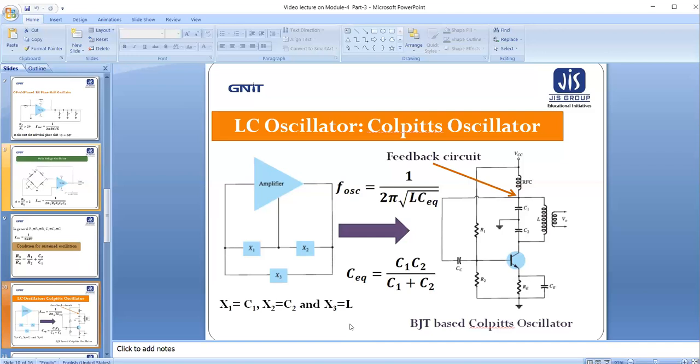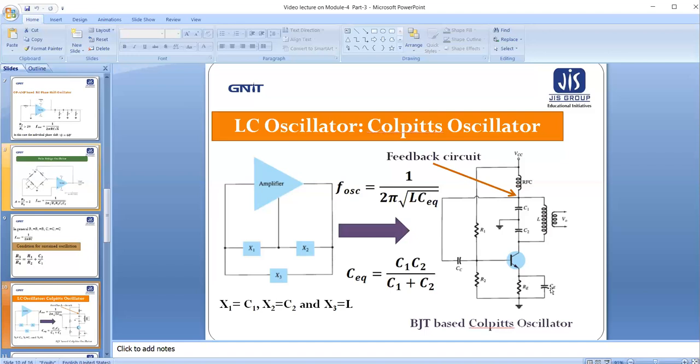So first we are seeing the Colpitts oscillator which uses the BJT. Within the BJT, R1, R2 basically provide the voltage divider DC bias.